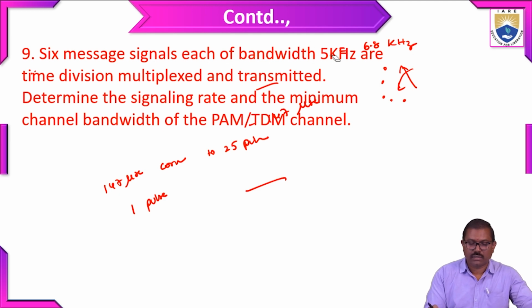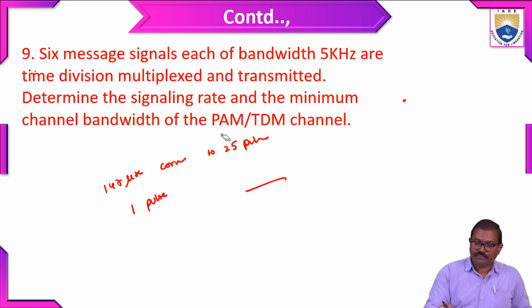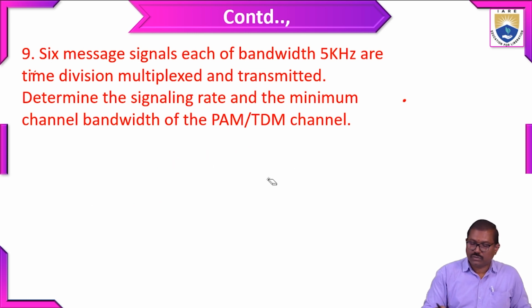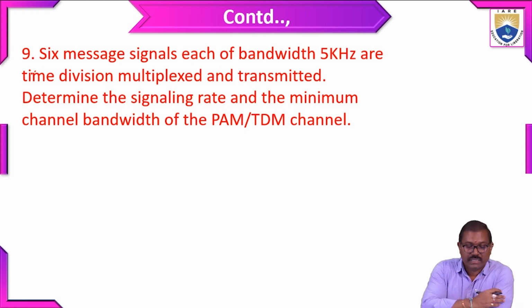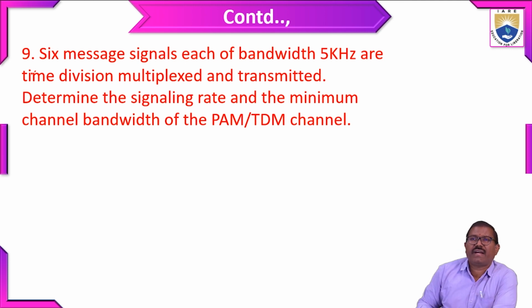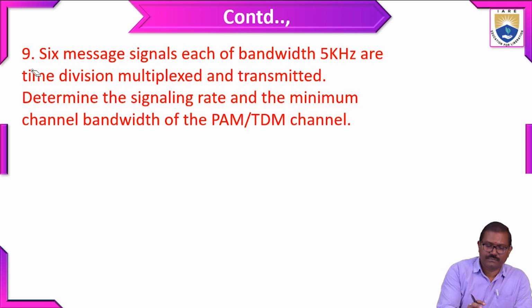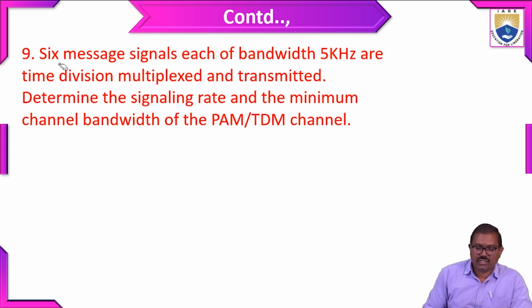So coming to another problem, the ninth problem. What does the ninth one say? 6 message signals, each of bandwidth 5 kHz, are time division multiplexed and transmitted.